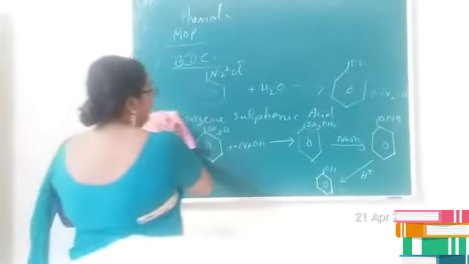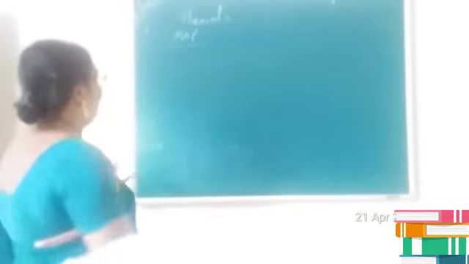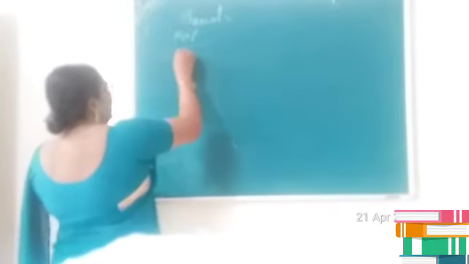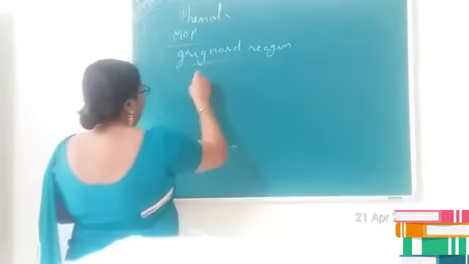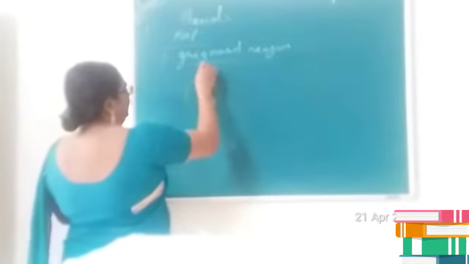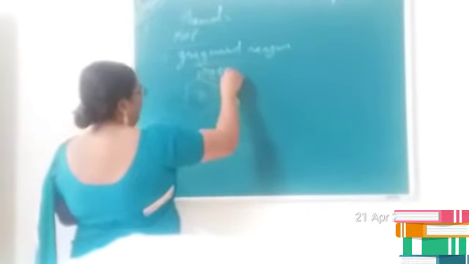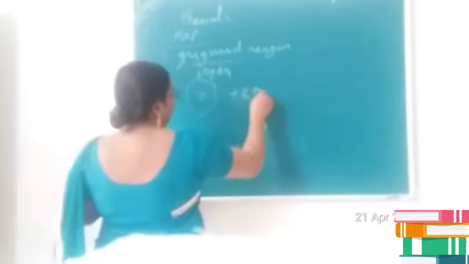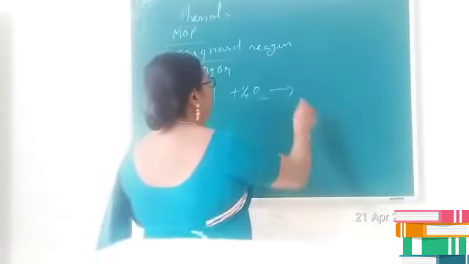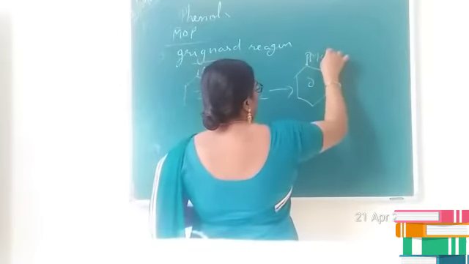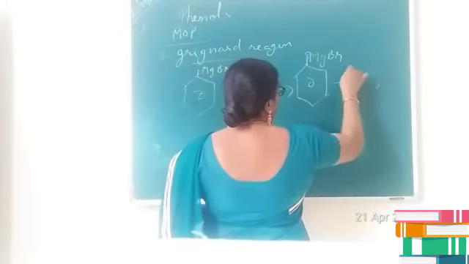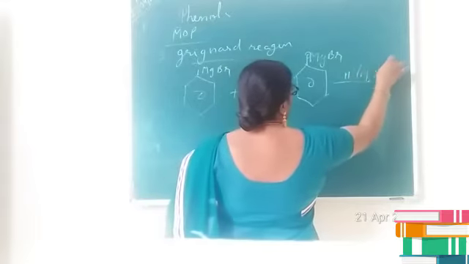Now let us consider the third method, that is from Grignard reagent, phenyl magnesium halide. Here phenyl magnesium bromide undergoes oxidation and you will get phenoxy magnesium bromide, OMgBr, which on acid hydrolysis will give you phenol.